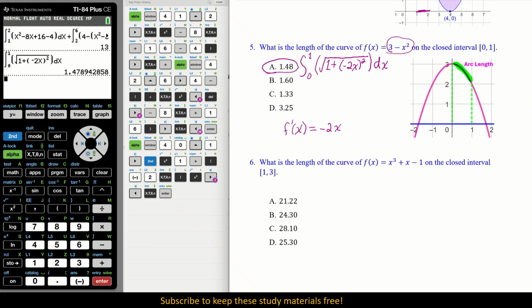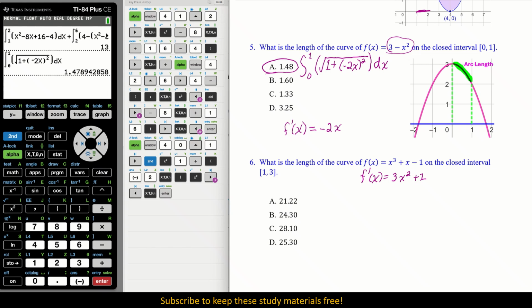What is the length of the curve f of x equals x cubed plus x minus 1? Okay, so let's do our f of x first because we're just doing the curve, okay? So we know that f prime, first derivative, equals 3x to the second power plus 1, and then that would be plus 0.